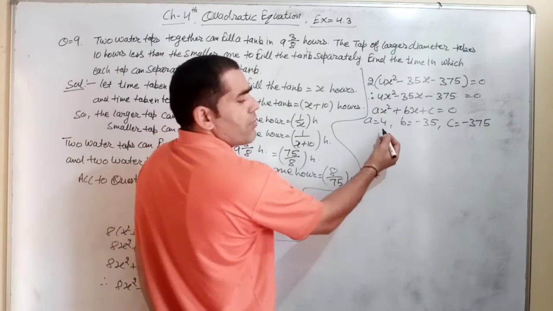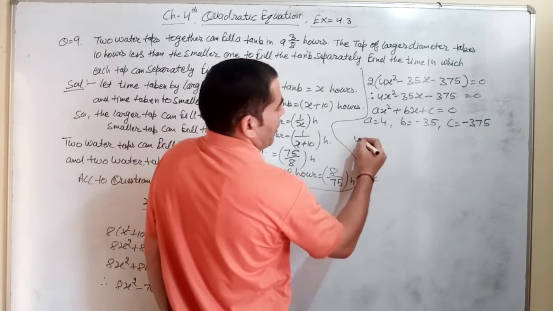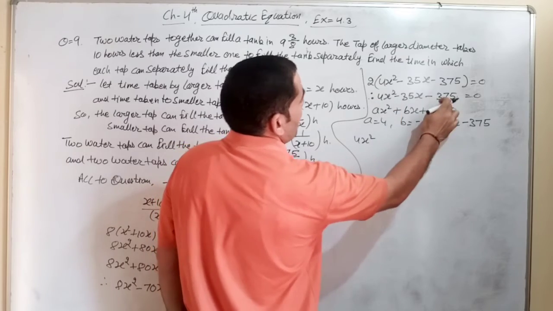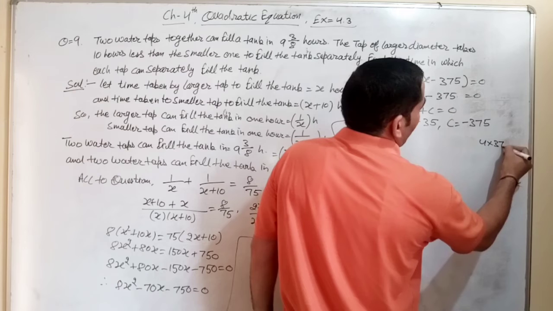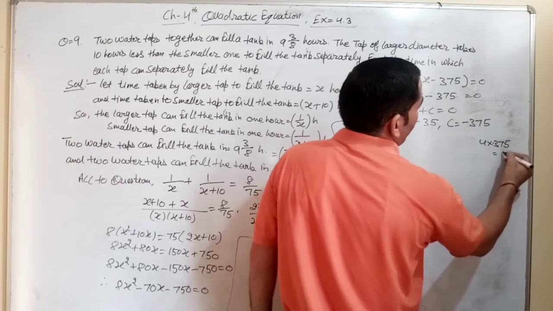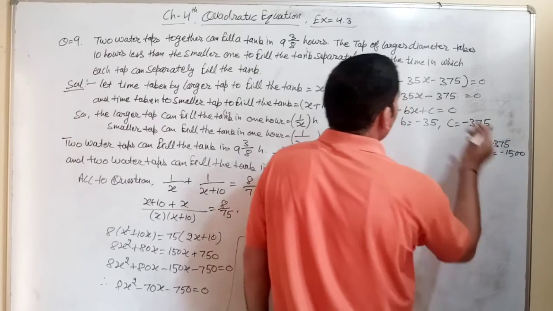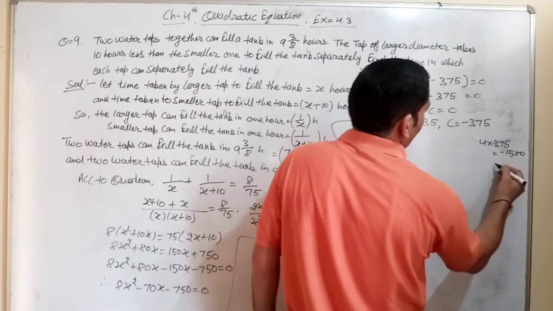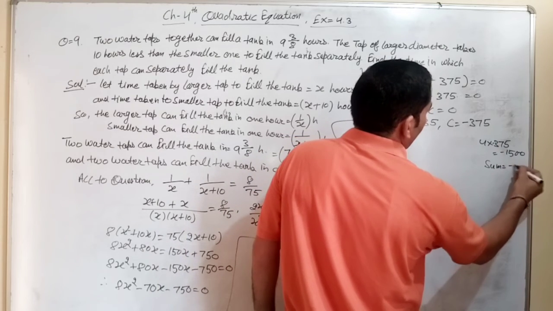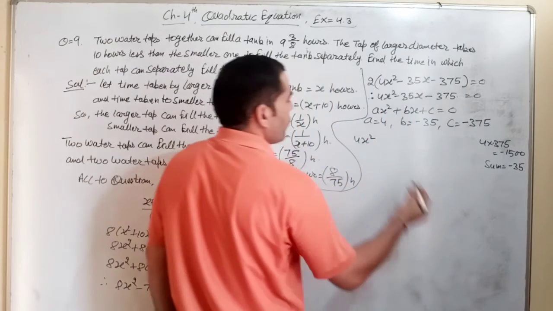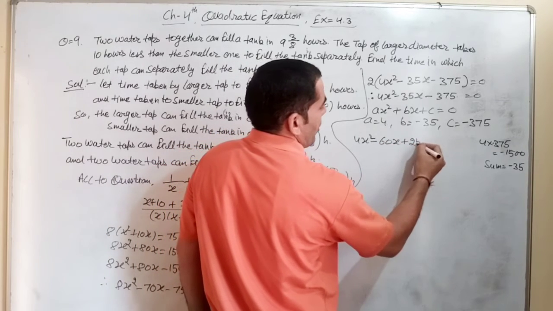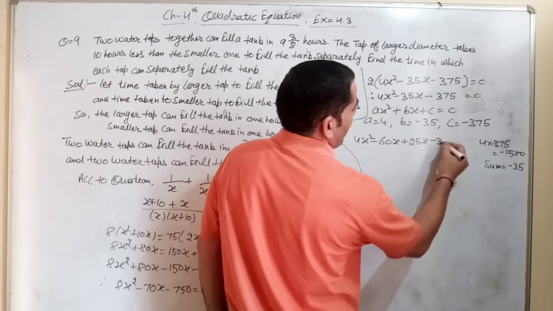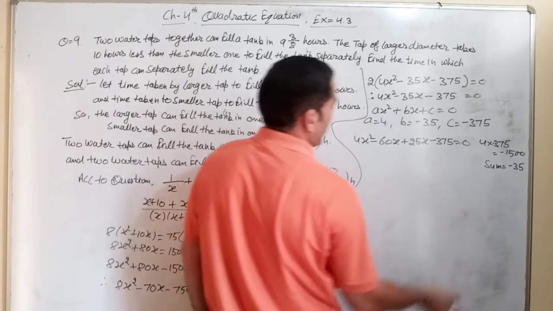By the splitting middle term method, 4 multiplied by 375 is minus 1500 and the sum is minus 35. So the two factors give 4x square minus 60x plus 25x minus 375 is equal to 0.